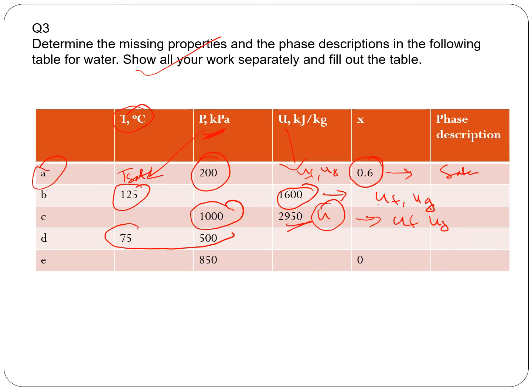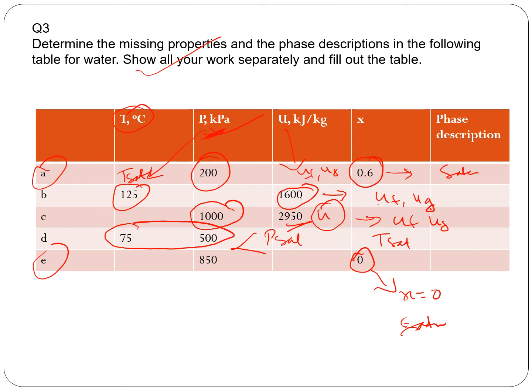So this is the case 1 where temperature and pressure are given. You could do either one of these. At temperature, you can look for P saturation and compare with this pressure, or you can look at the pressure table and compare with the T saturation and make your decision where it lies based on the value you get. In the last one, again, the quality value is given, x equals 0, which means it is a saturated liquid.